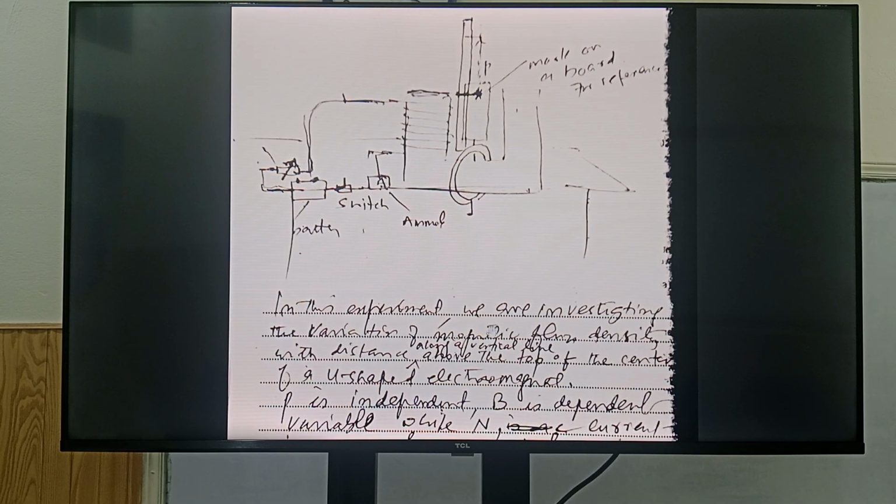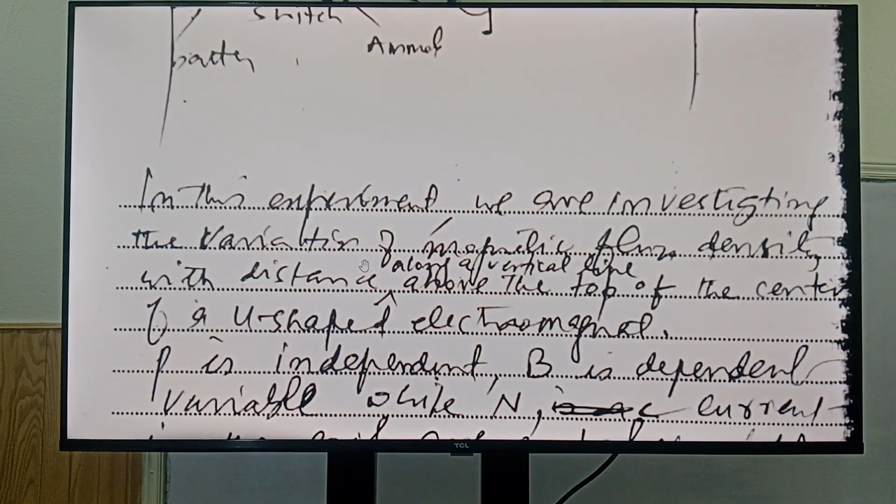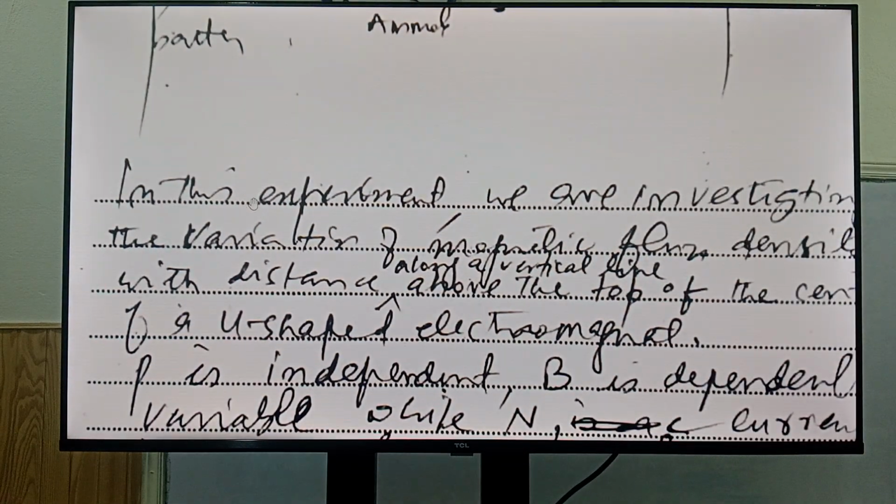So let me first go through this part, which is known as defining the problem. In this experiment, we are investigating the variation of magnetic flux density with the distance along a vertical line above the top of the center of a U-shaped electromagnet.